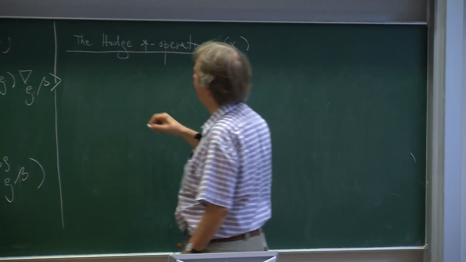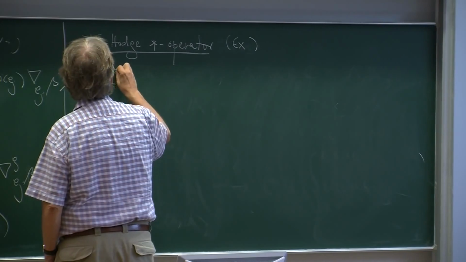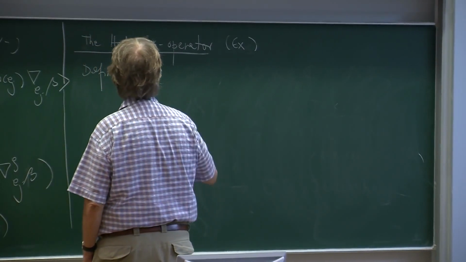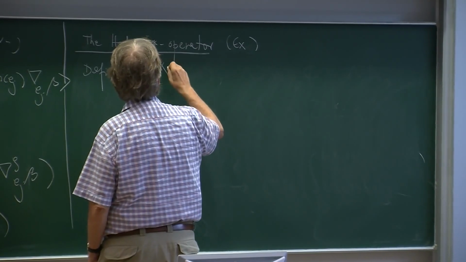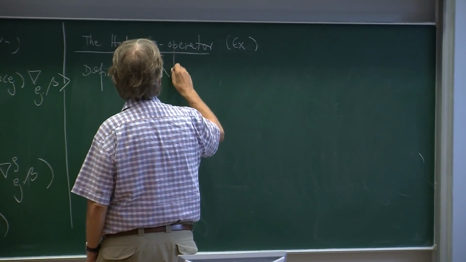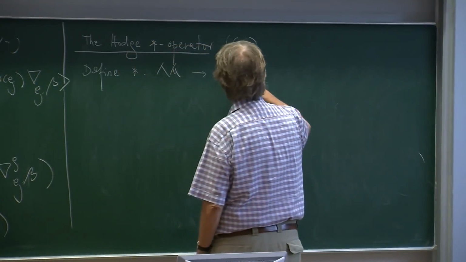So define this operator, which is really denoted by a star, of lambda m to itself, pointwise.